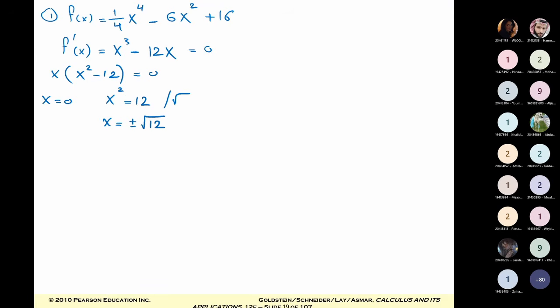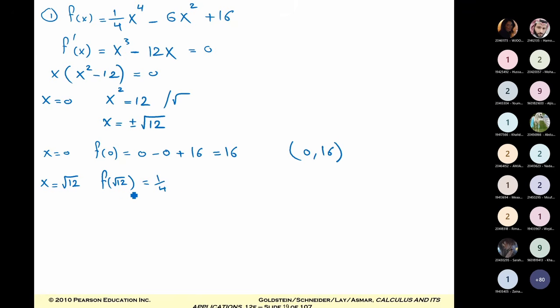Now, x equals 0: f of 0 equals 0 minus 0 plus 16, so we have 16. So the first stationary point is (0, 16). x equals radical 12: f of radical 12 equals 1 over 4 times radical 12 to the power 4, which is 144, minus 6 multiplied by 12, plus 16.